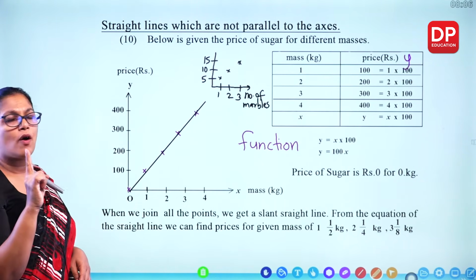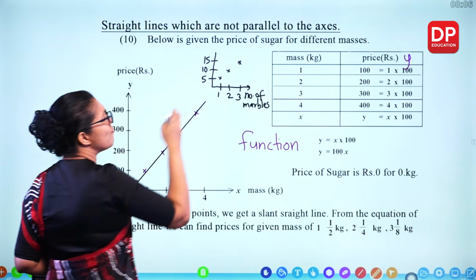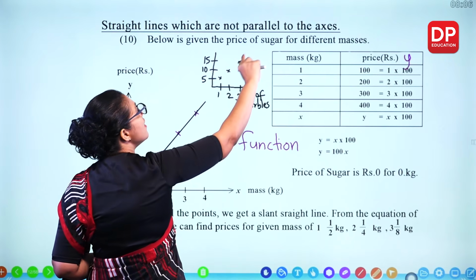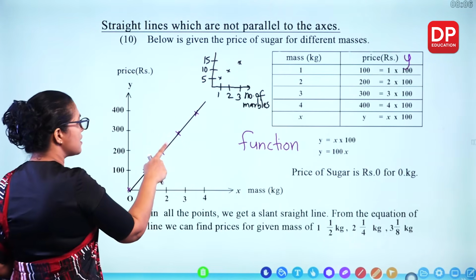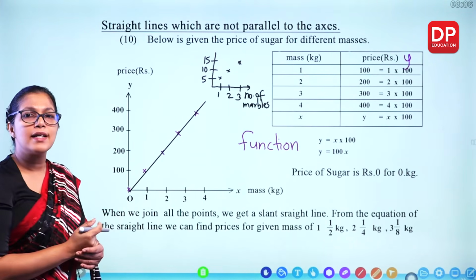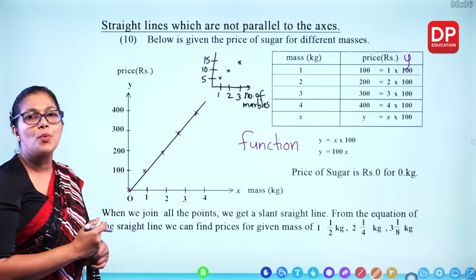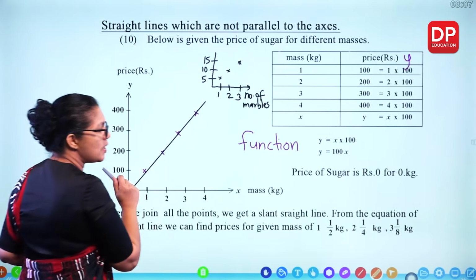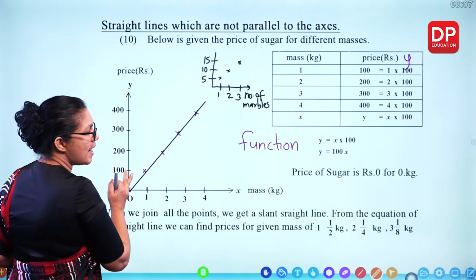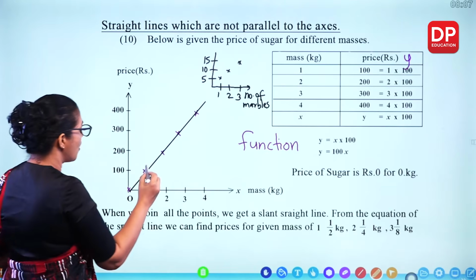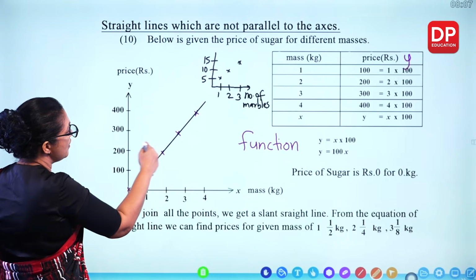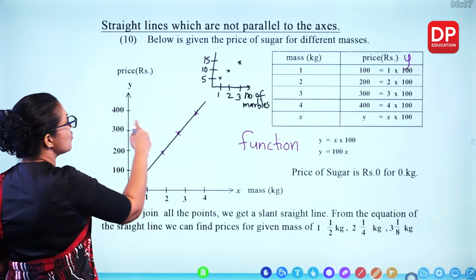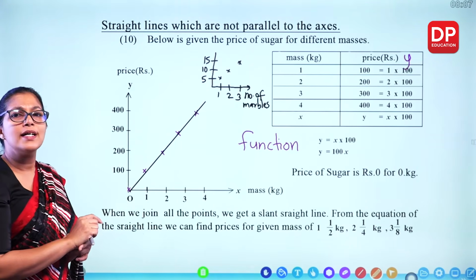Here we can't, because we can't get half of a marble. So these are discrete. So you can't connect with a straight line. But this one you can connect. It is a continuous function. So you can find out any in-between values using the straight line. So 2 and a quarter, somewhere here. So you refer the value, you get the price. 3 and 1/8. So you refer the value from the straight line.